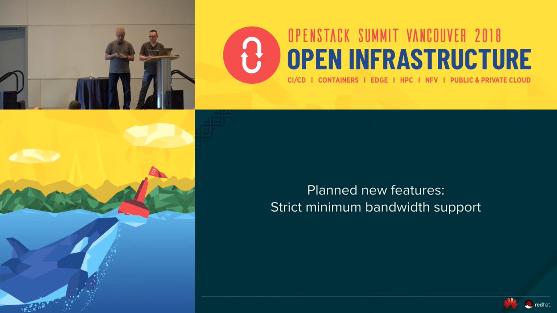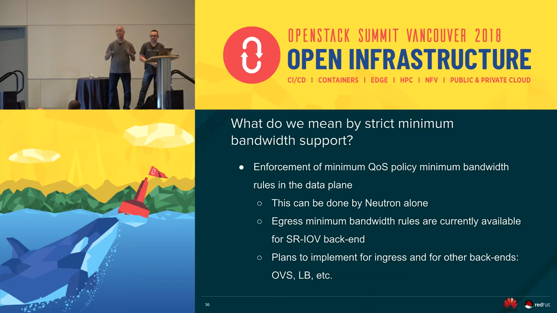So now we come to the big feature that we are working on during the Rocky cycle, and that's strict minimum bandwidth support. What do we mean by strict minimum bandwidth support? Well, Slawek talked about minimum bandwidth rules in our QoS policies. What those minimum bandwidth rules do is guarantee a minimum bandwidth to that port at the data plane level in the compute host.